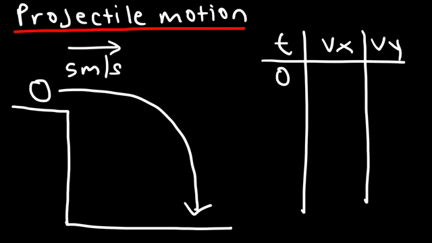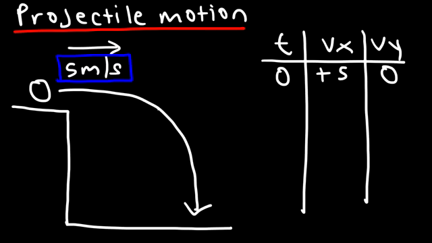Initially, when t is 0, vx is positive 5, because at that instant, it's moving only in a horizontal direction. Now, the vertical velocity is 0 because it doesn't have any component in the y direction.